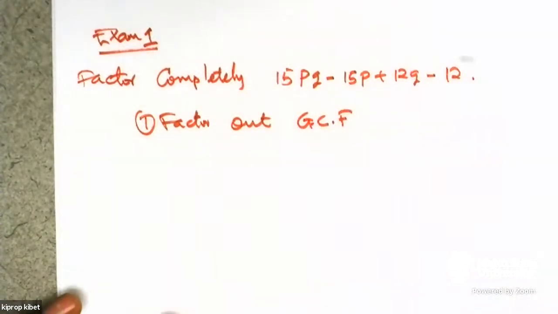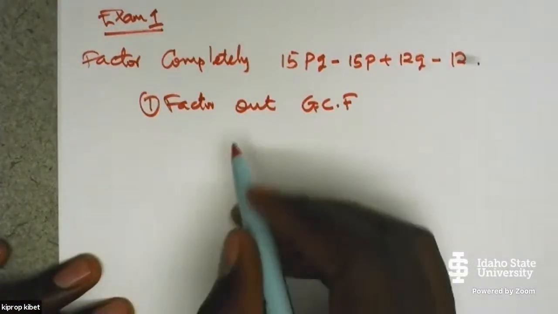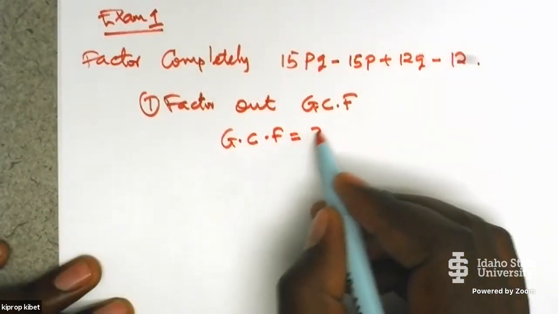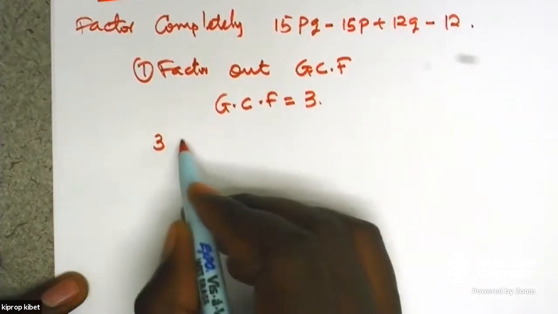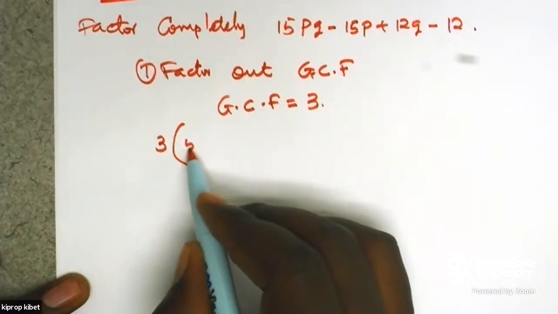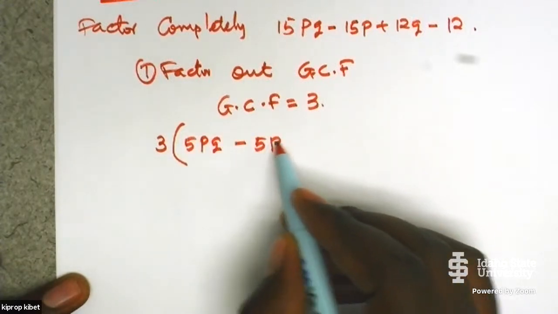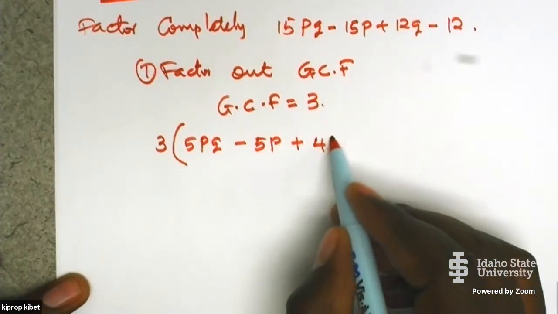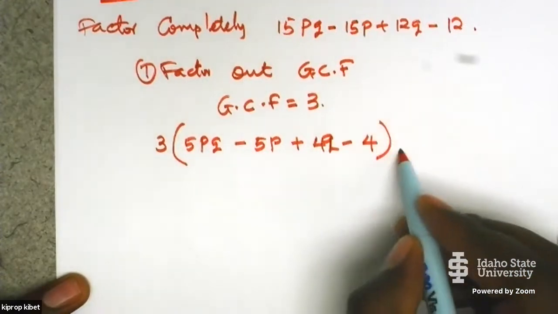Our greatest common factor here is 3. So we factor out 3, and what remains inside is 5PQ minus 5P plus 4Q minus 4.